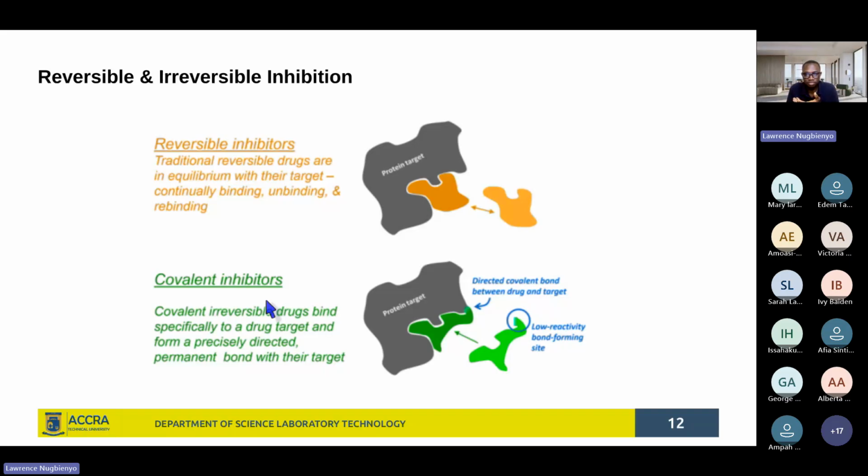What you see being depicted here is a protein target, that's the enzyme, and the inhibitor is what is being shown in orange. That inhibitor can bind to the enzyme and can also dissociate away from the enzyme. So that inhibition process is reversible.